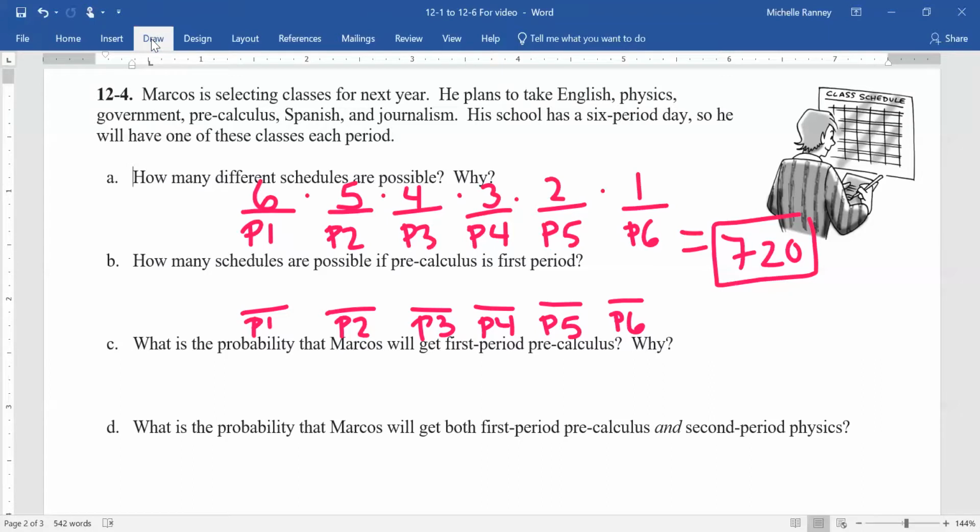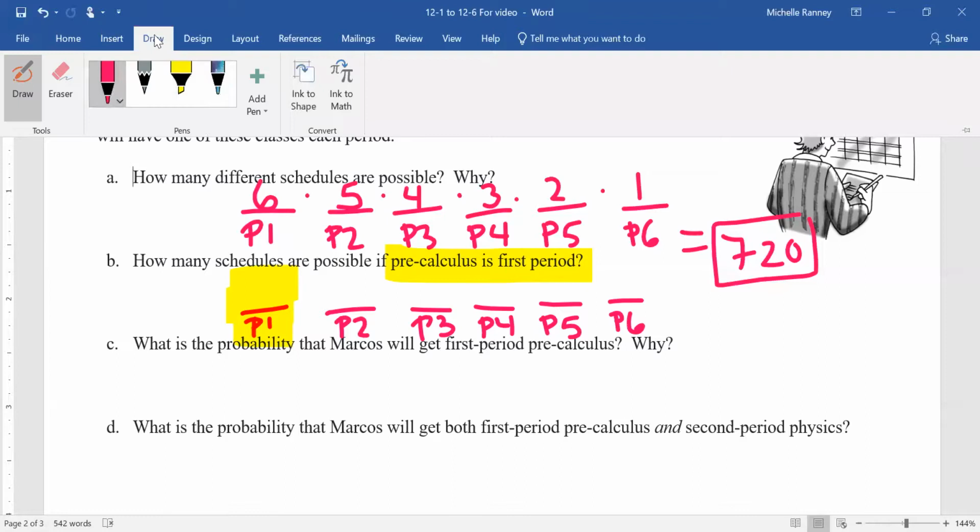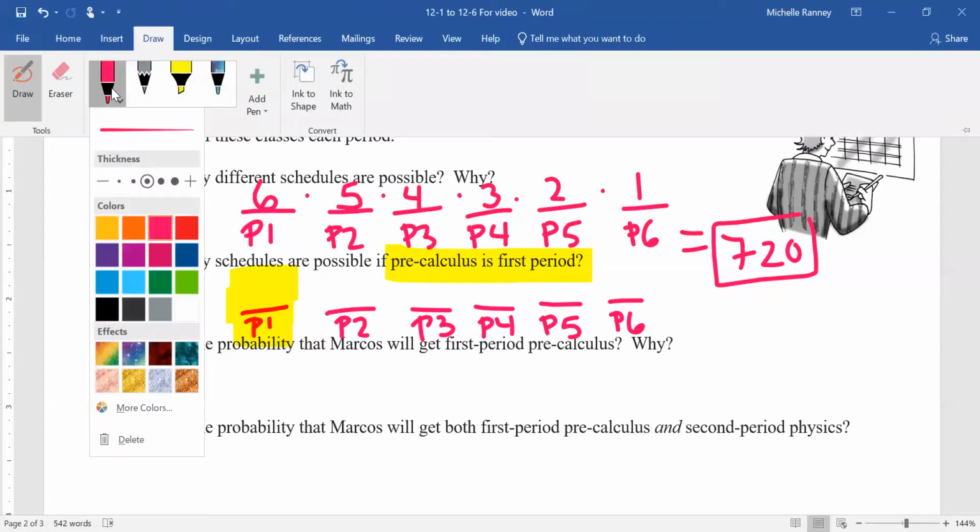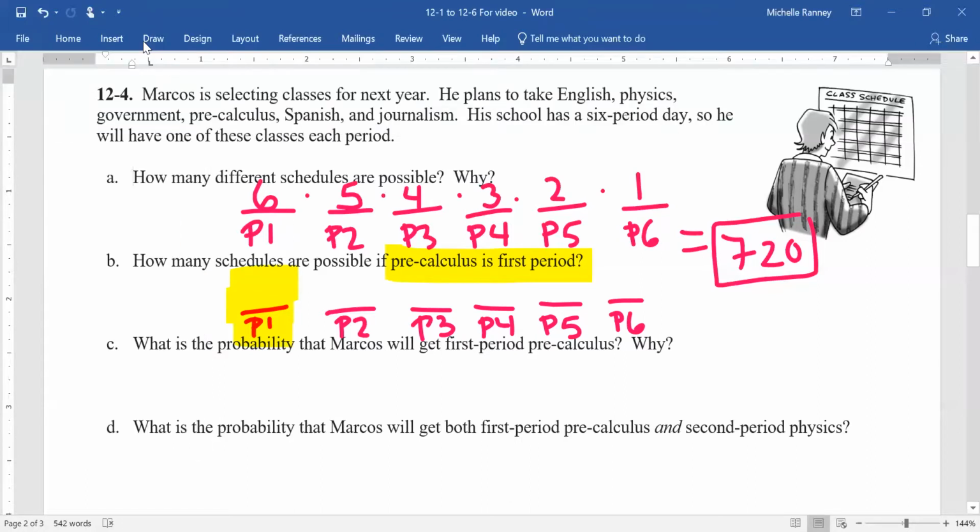Now the difference is going to be that he wants to have pre-calc period 1. So here, period 1, he's going to have pre-calc. There's only one option for him for this. So he has one way that can happen.